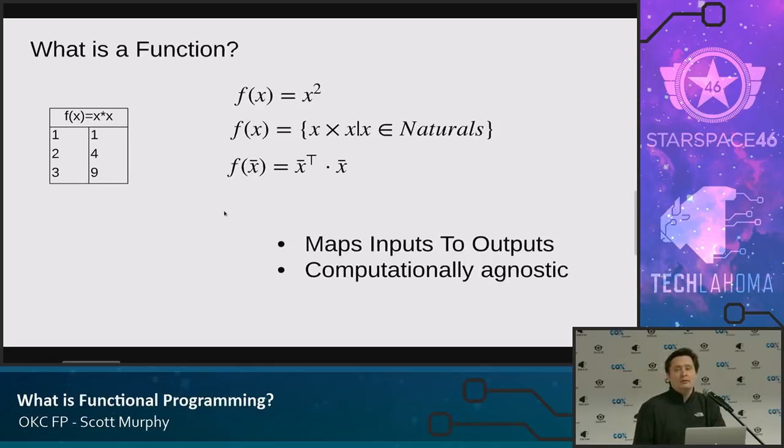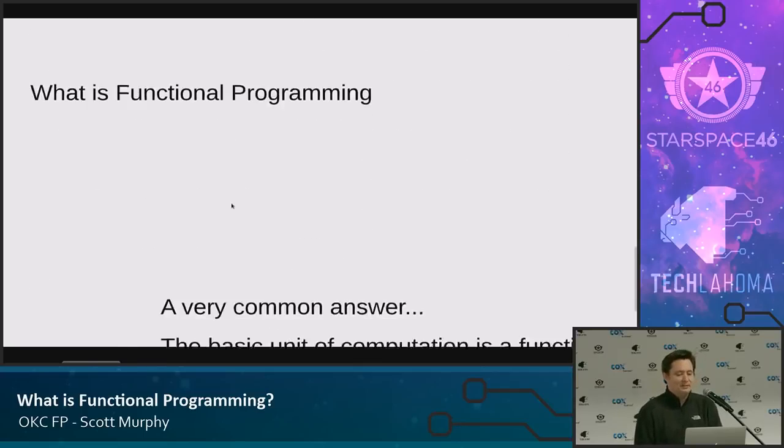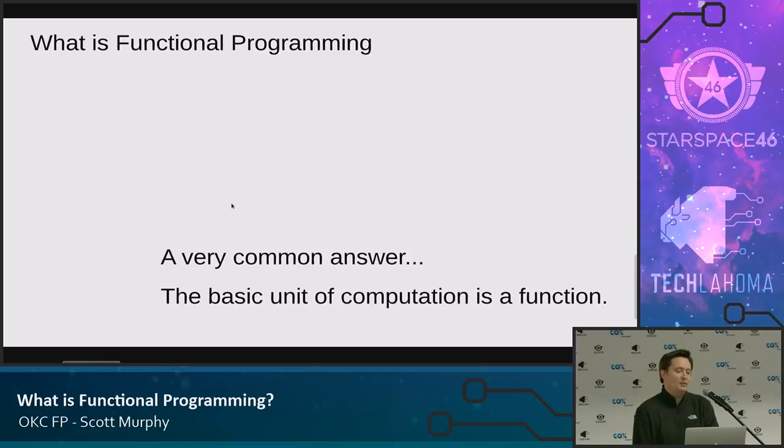So when functional programmers say functional programming, they mean viewing your computation through this lens, through this idea of inputs and outputs. And the closer you can get to that, the more functional programming you're doing. Yeah, so like I said, what is functional programming? Common answer, the basic unit of computation is a function.